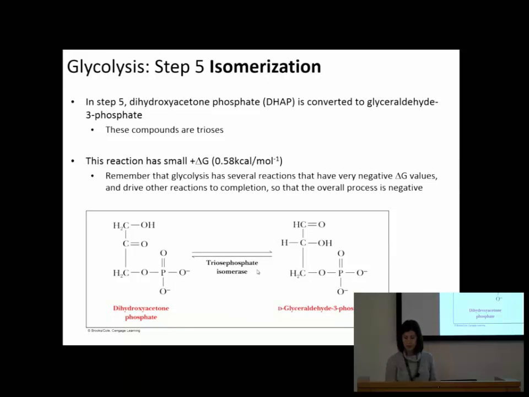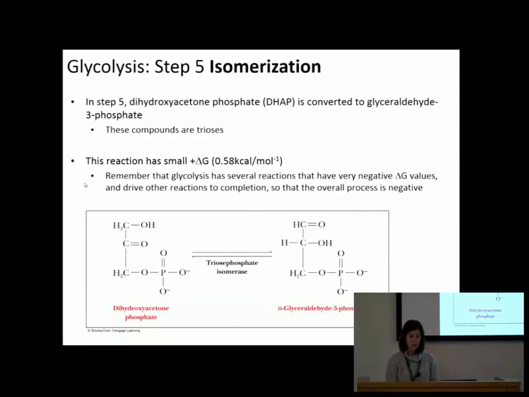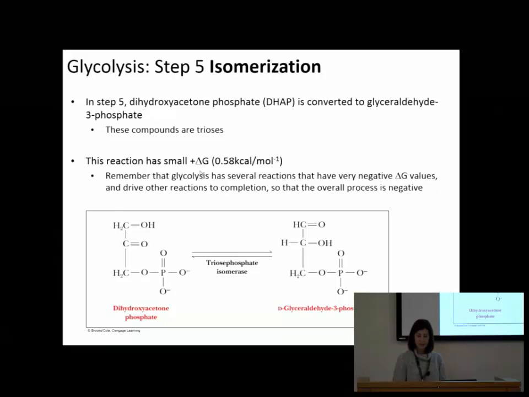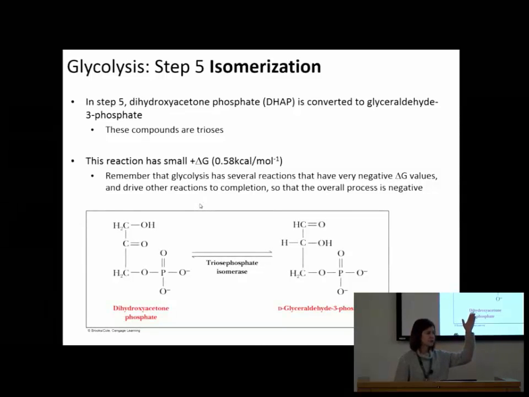So this reaction, they say, has a small positive delta G. That means it's slightly non-spontaneous. But remember that if you imagine your stream coming down a mountain, even if there was a slight uphill, if there's a waterfall ahead of it and a waterfall behind it, it would still go forward, right?